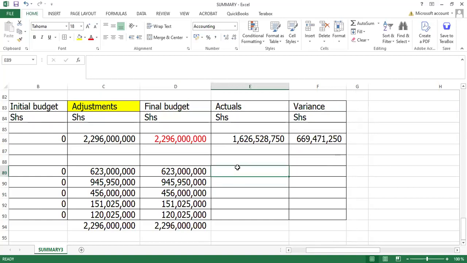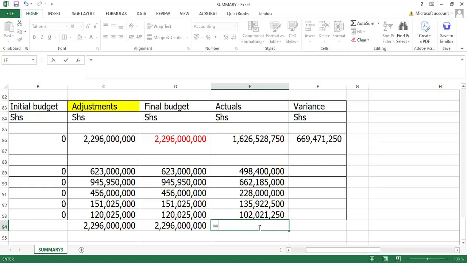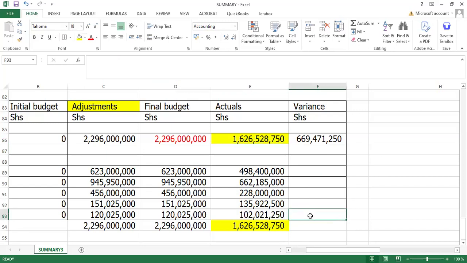Okay, the actuals are what from the question here? The actual expenditure. We copy and paste these figures, and we managed to make the actual expenditure of how much. It should give us the total that you have on the other side. So the actual is equal to this. So the variance is this minus this.